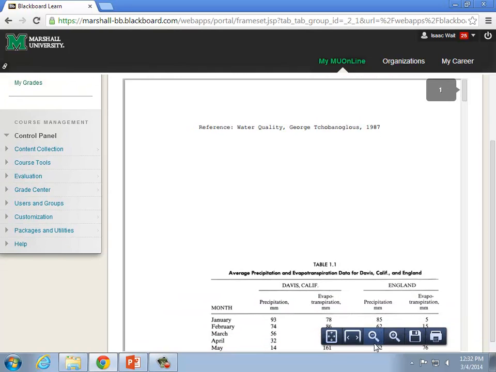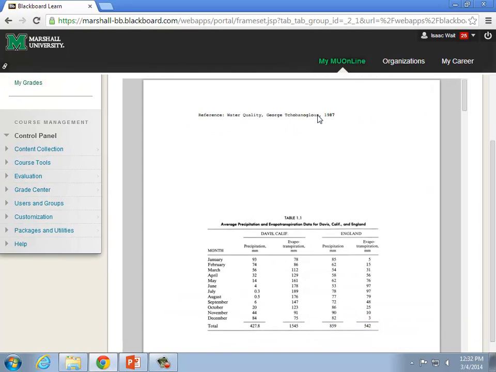It's long since out of print. The last version was 1987, but it's got some interesting information there about precipitation and evapotranspiration, just to give you an idea of what sort of information you should be looking for your town so that you know how much water is needed to irrigate that golf course.